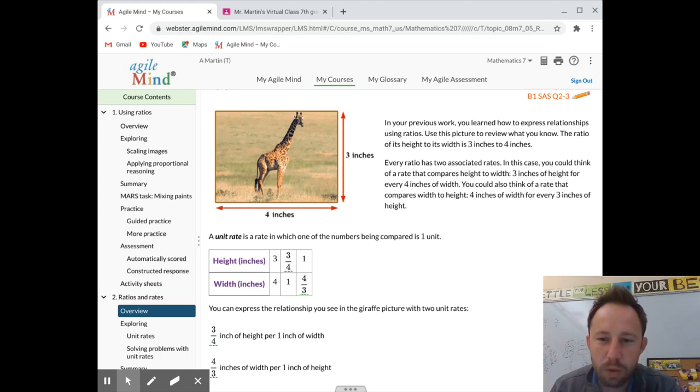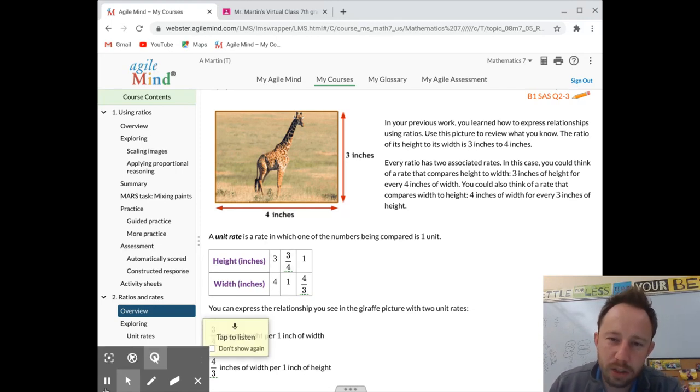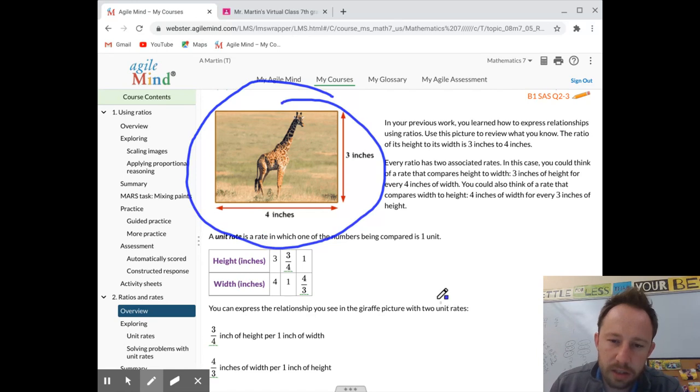So how are we going to use this as a unit rate? How do we say that? We have to express the giraffe picture as a unit rate. So we either have to say height to width or width to height. And we have to express this in a way that it sets it equal to 1. So what could we say?